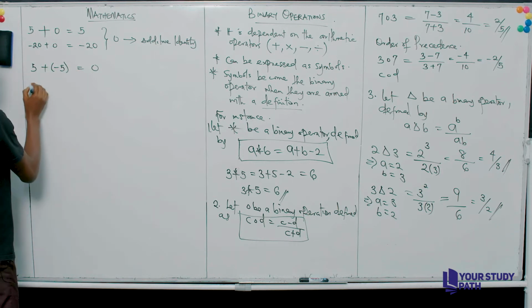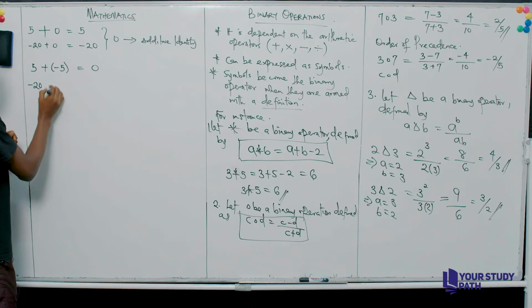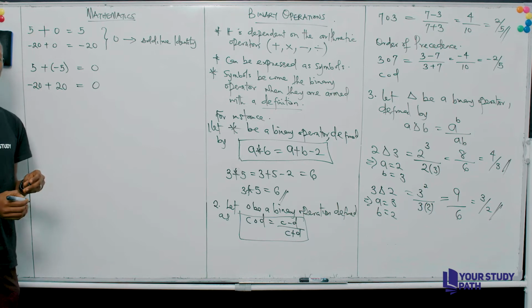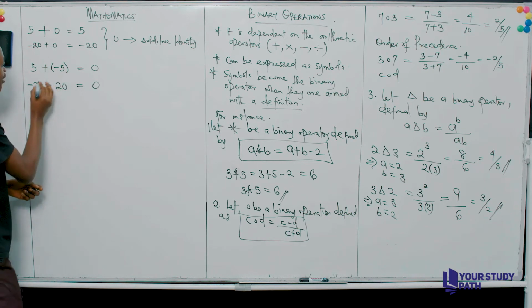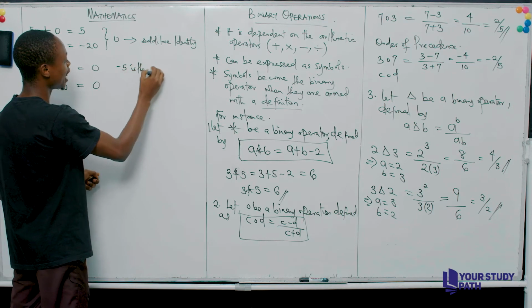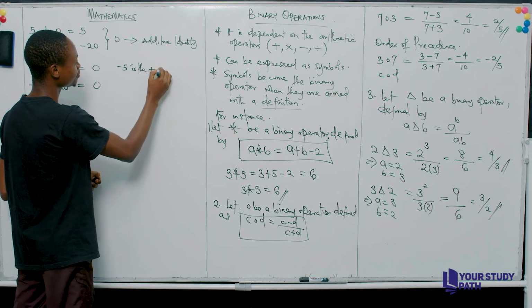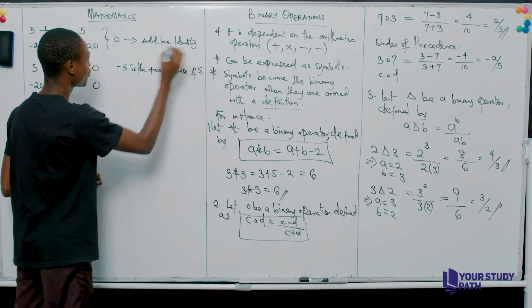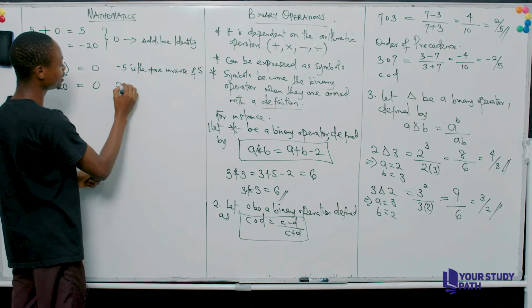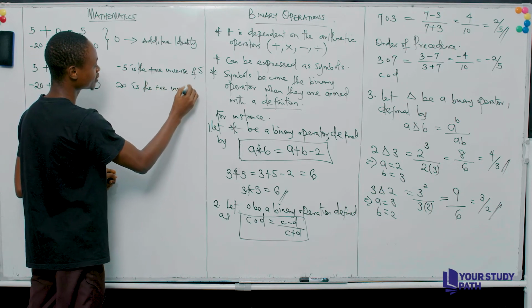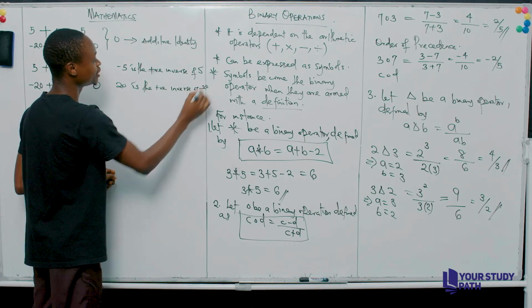The additive inverse of minus 20 is 20, because if we add them together, we will get 0. So minus 5 is the additive inverse of 5, and 20 is the additive inverse of minus 20.